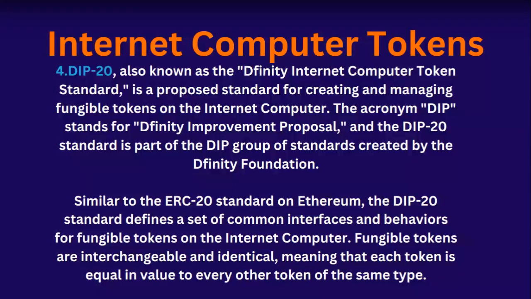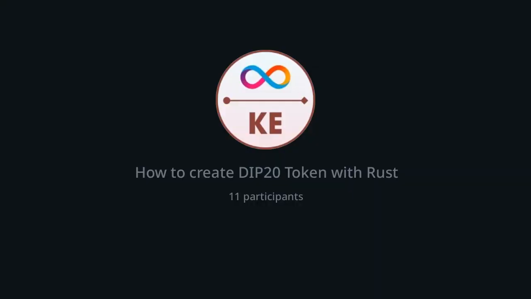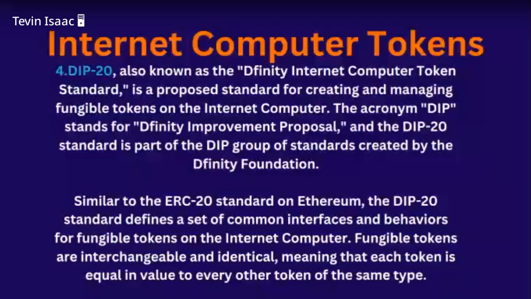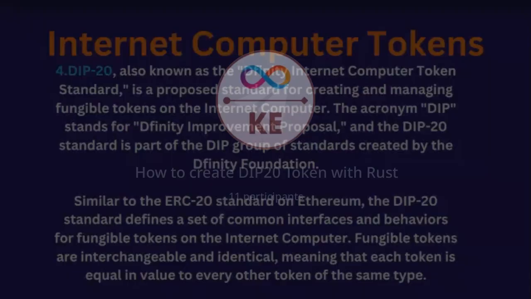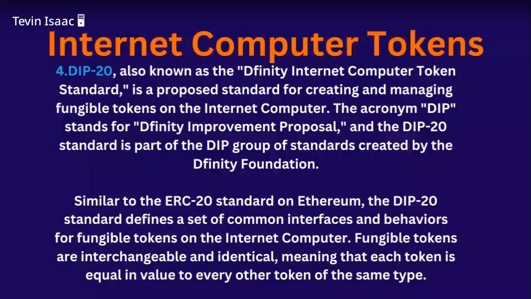DIP stands for Definity Improvement Proposal, and DIP20 is part of the DIP group of standards created by the Definity Foundation. It's similar to the ERC20 token standard on Ethereum.